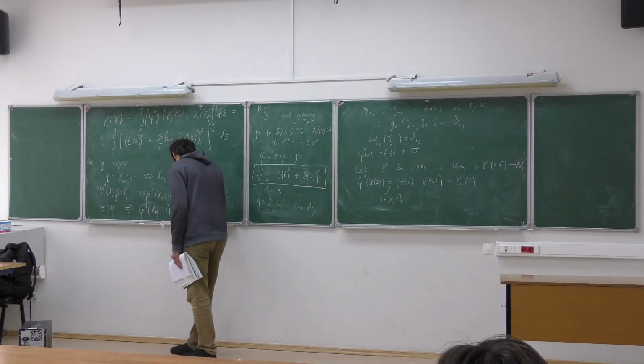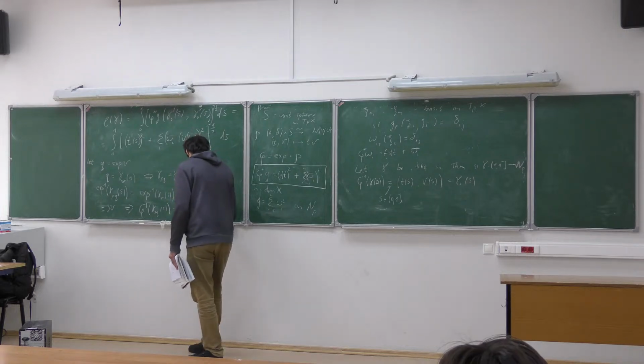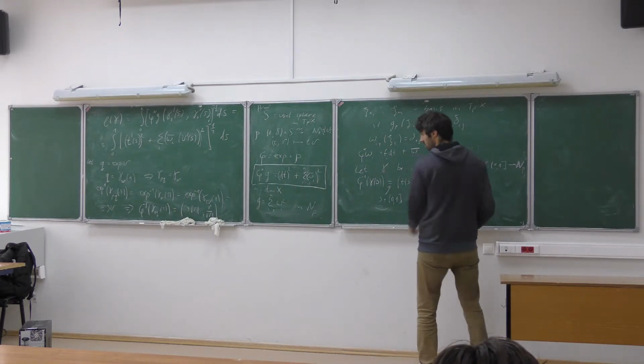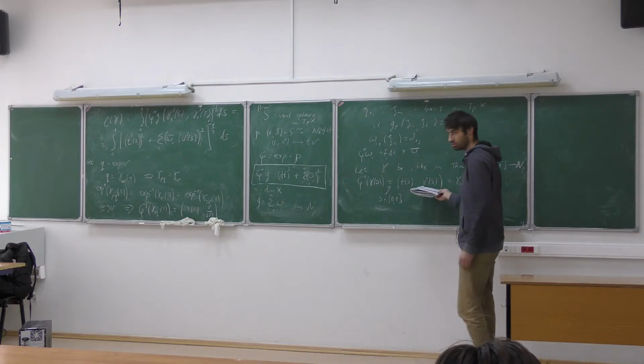So I have S norm of v and then v divided by norm of v. So this is my gamma 0 if gamma equals gamma PQ.